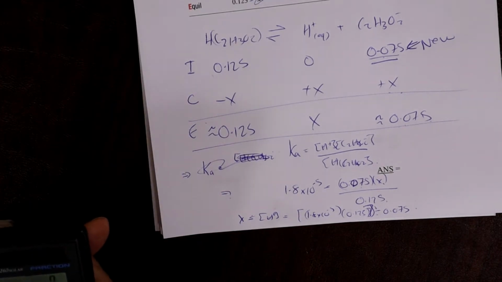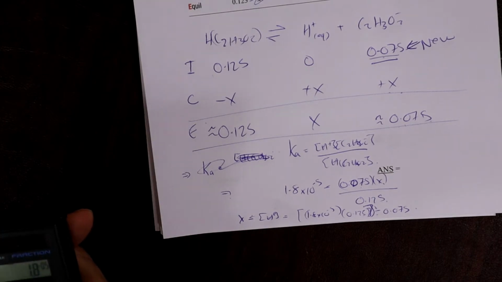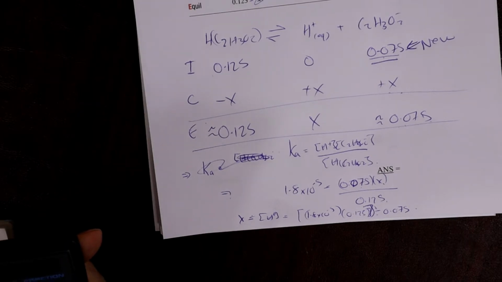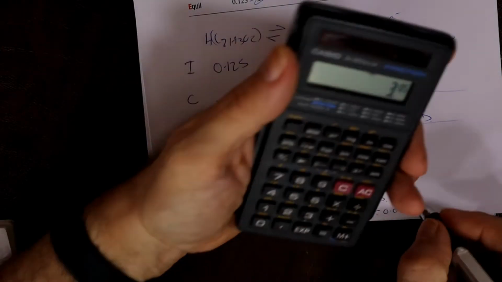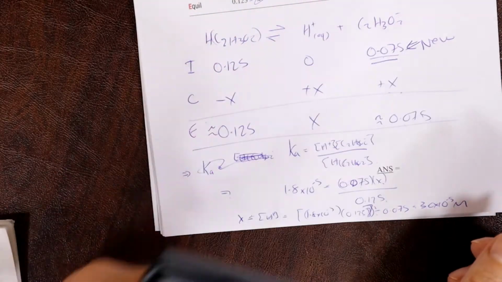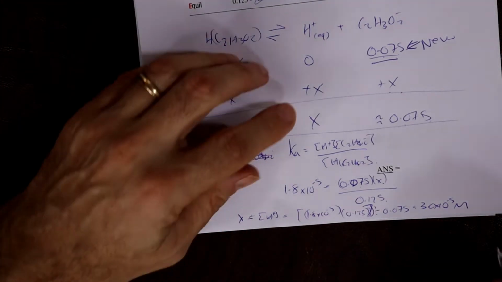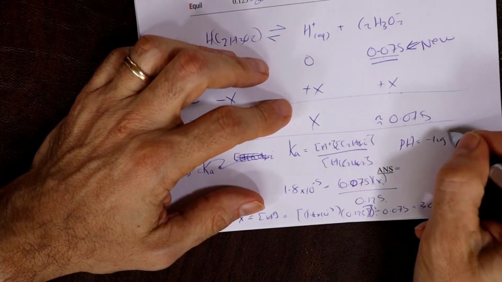So 1.8 times 10 to the minus 5 times 0.125, divided by 0.075 equals 3.0 times 10 to the minus 5 moles per liter. Therefore, pH equals minus log of H plus ion concentration.